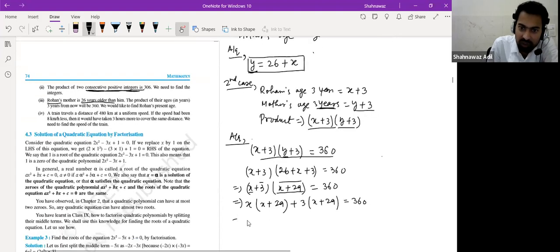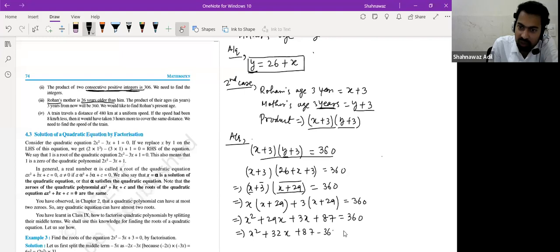This would be x squared plus 29x plus 3x plus 87, equals 360. So x squared plus 32x plus 87 minus 360. So this is x squared plus 32x minus 273. So this is the quadratic equation, right?